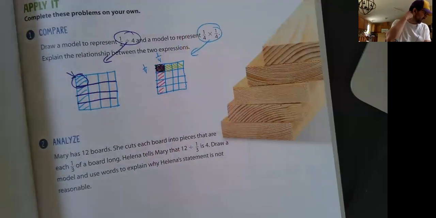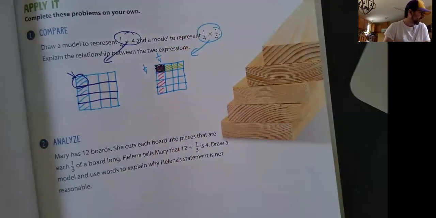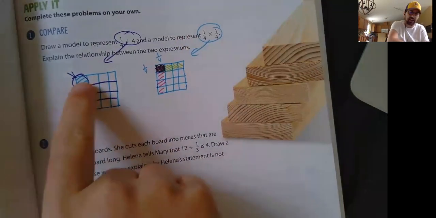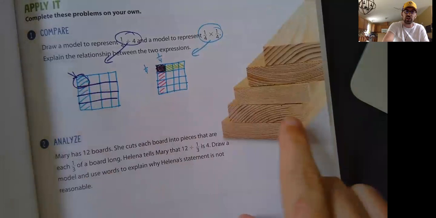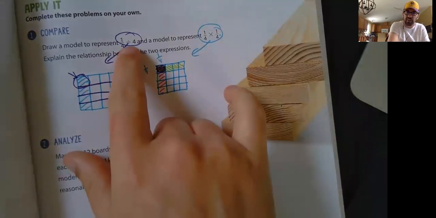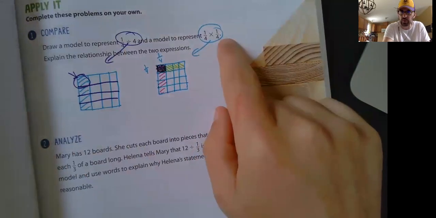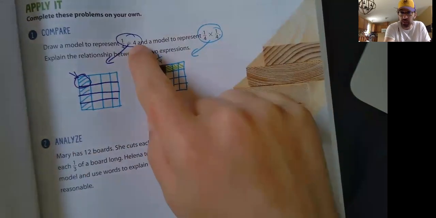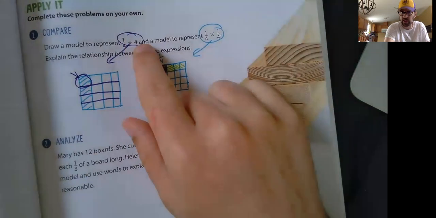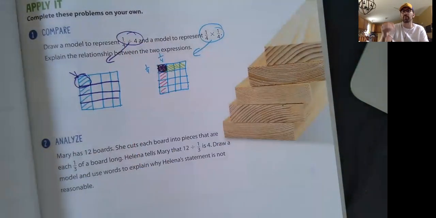This overlapping area here is our answer, right? So again, hopefully you can see how these two problems are doing the same exact thing. They're getting the same answer, right? So the point is that if it's 1/4 divided by 4, we can think about it as 1/4 times 1/4. We can change that 4 into a fourth, okay? Because when we divide by 4, we're multiplying by a fourth.